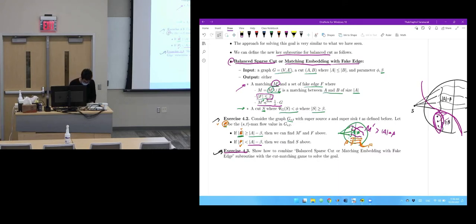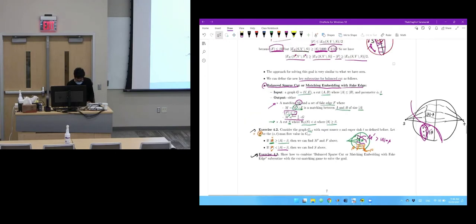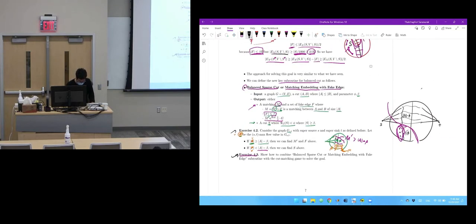I mentioned that what we need to do is look at the graph where, given two sides A and B, you solve max flow and you just need to check if the value of max flow is more than A plus minus beta.